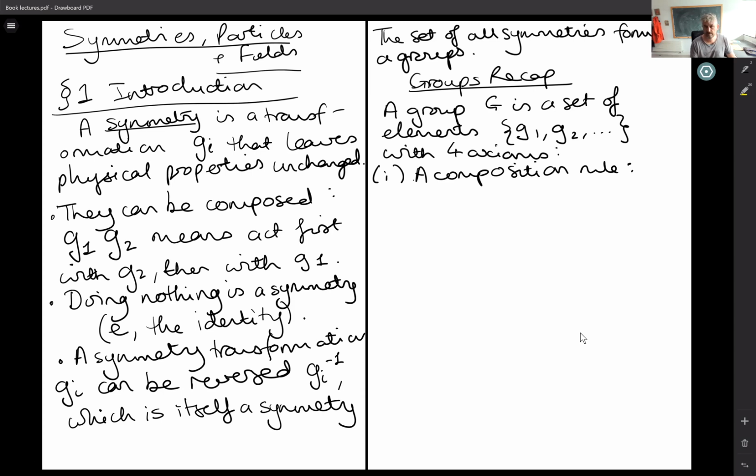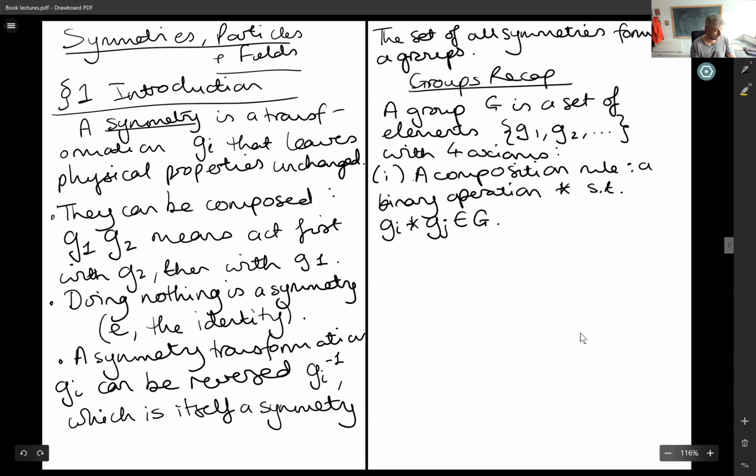In other words, it acts between 2 group elements. I'm going to call this star here. The binary operation must give you another member of the set, another member of the group. So g_i star g_j is in the group G.